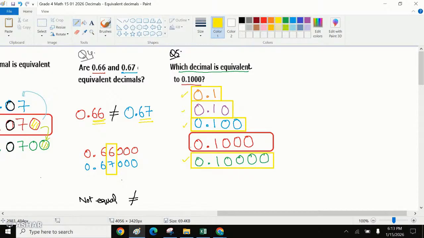You need to remove the zero after the decimal, because in the question over here, we do not have a zero after the decimal. We have a decimal and we have a 1. We can add zeros after the number.